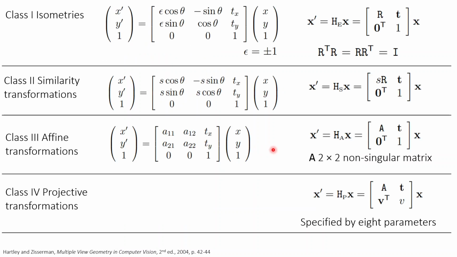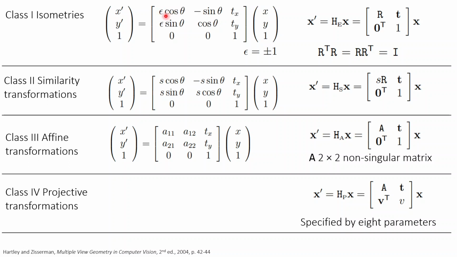There are several classes, and this is from the famous Multiple View Geometry book by Hartley and Zisserman. Class 1 is called isometry. We will see examples of those. Forget about these epsilons: cos theta, minus sine theta, sine theta, cos theta, and there is tx and ty. You can see tx and ty are the translation parameters in the x direction and in the y direction.